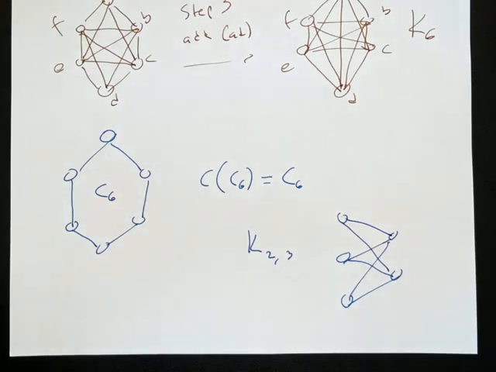Bipartite graph K23. What's the closure of that graph?